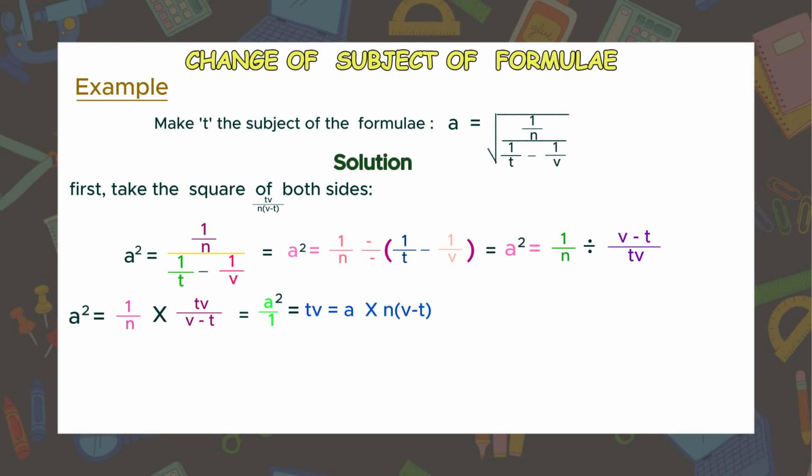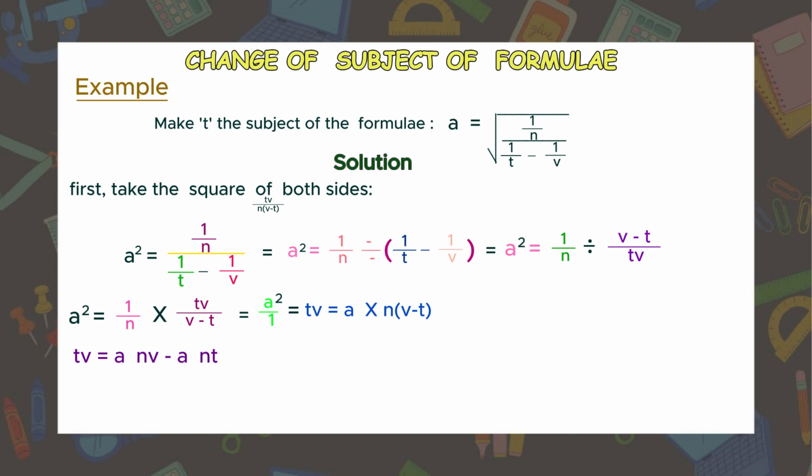That means we are going to have TV is equal to a squared nv minus a squared nt. We have used this to open the bracket, so we have a squared nv minus, because of the negative sign there, a squared nt.